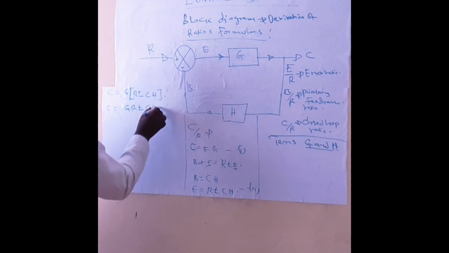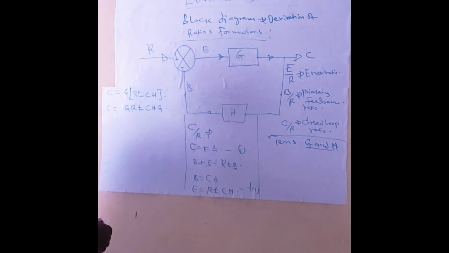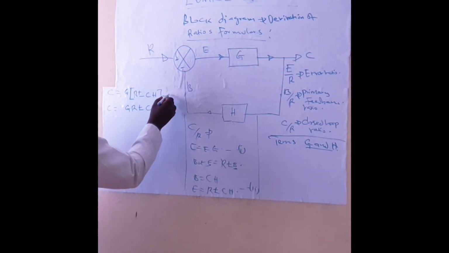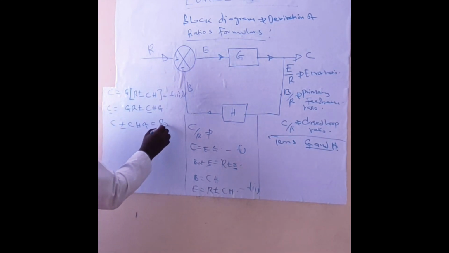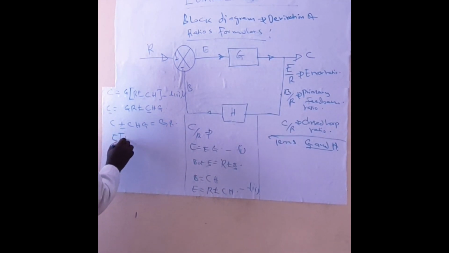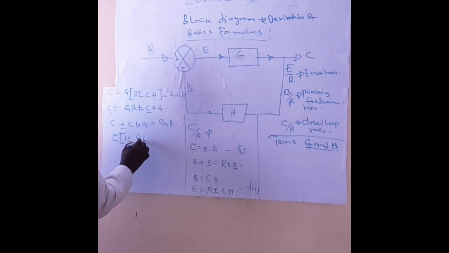Again, from this expression, we are saying C is common. So take that one, this side is equal to C minus, that is plus or minus, CHG equals GR. We factorize, C is going to be 1 plus or minus GH, equals GR.